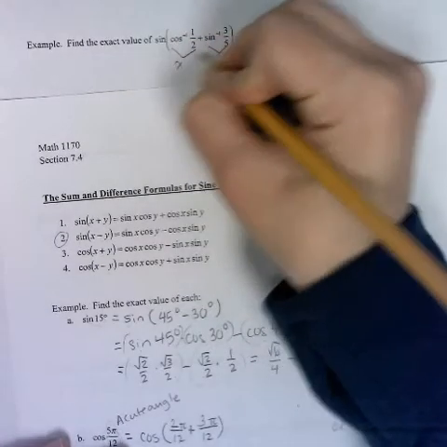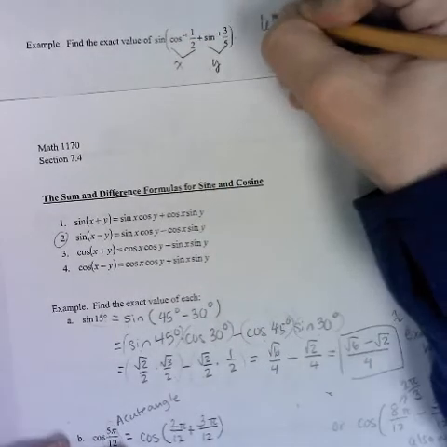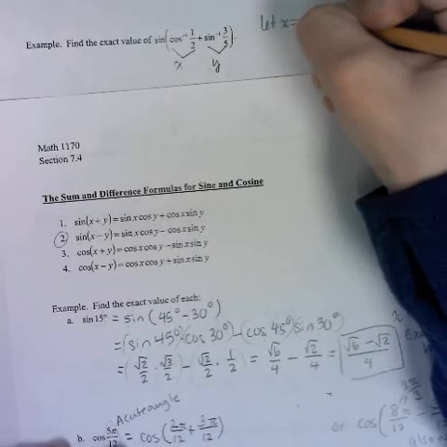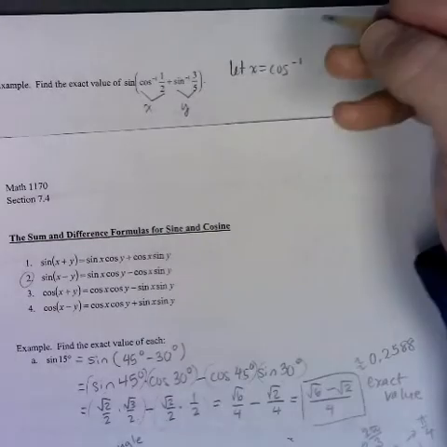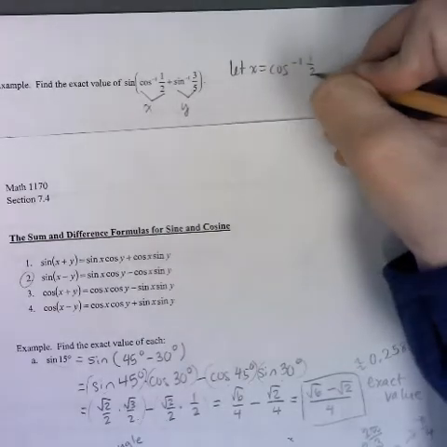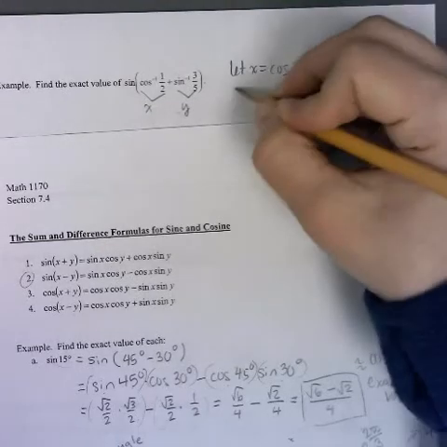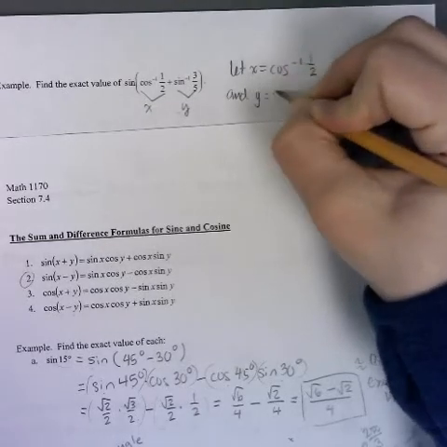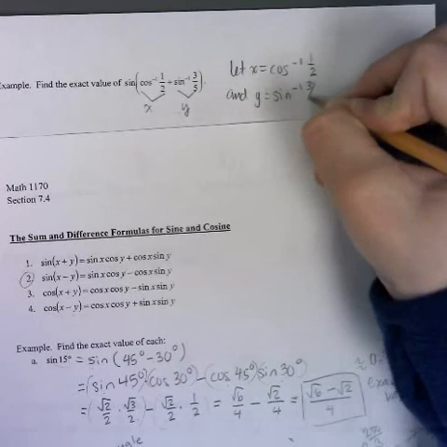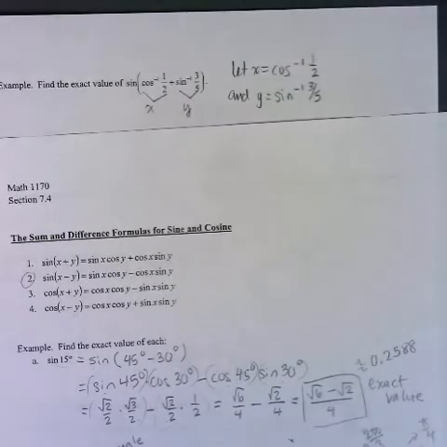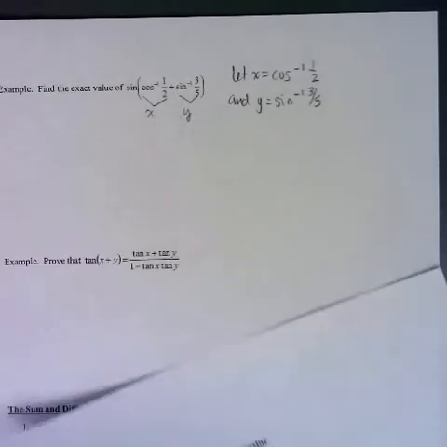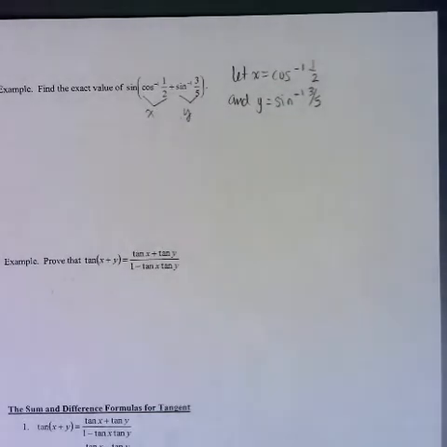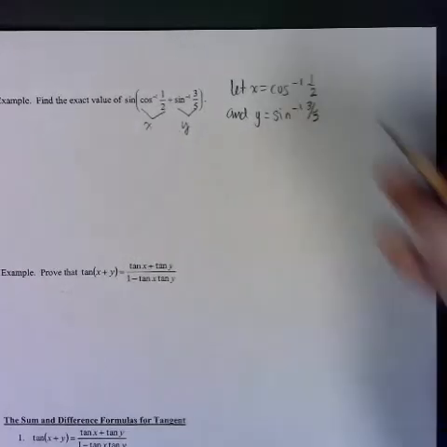So let's let x equal cosine inverse of 1/2, and y is equal to the sine inverse of 3/5. So in the first one, it's really easy because 1/2 is an output for a special angle. You can evaluate that and get pi over 3.